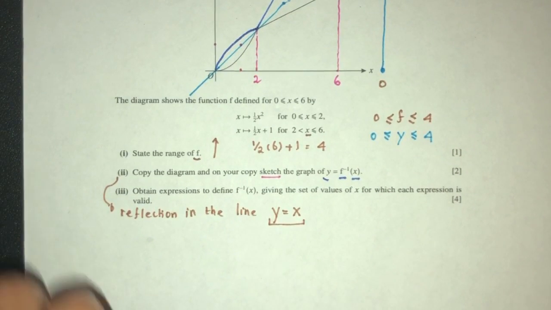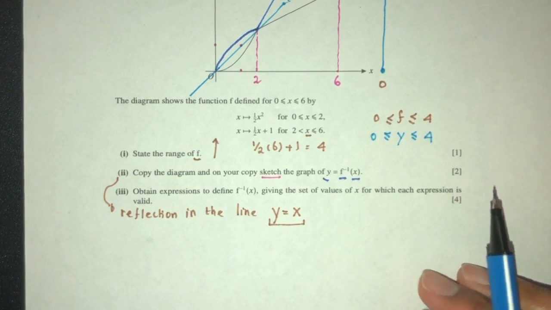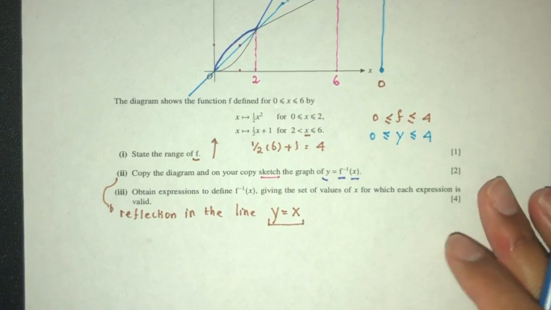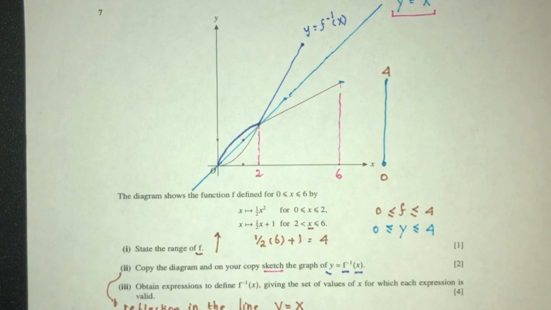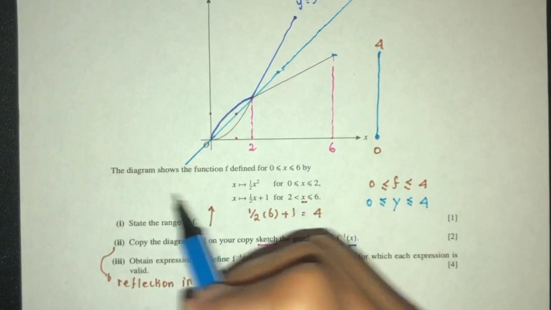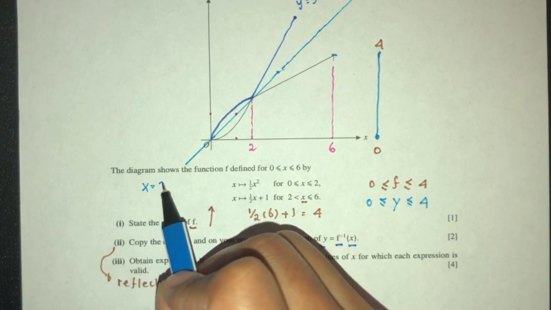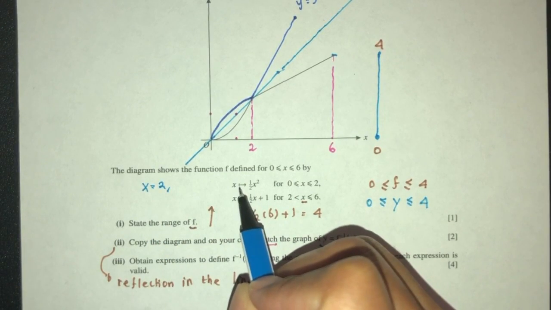Now for part 3, I guess we also can check something, because we want to know if we actually touch over here, if the scale is correct. When the value of x is 2, the value of y is what here?